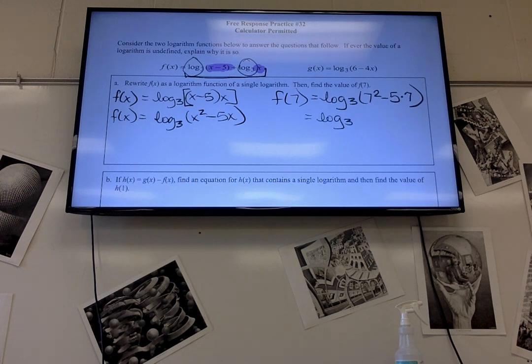Log base 3 of 49 minus 35. That's log base 3 of 14. Now I'm cool with you leaving the answer like that. But this is a calculator question, so you could change it to decimal.